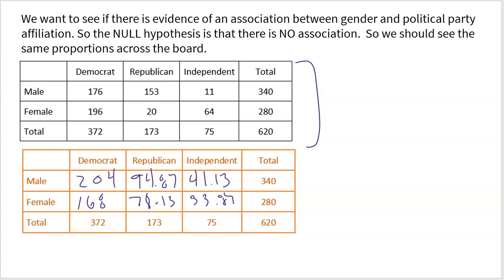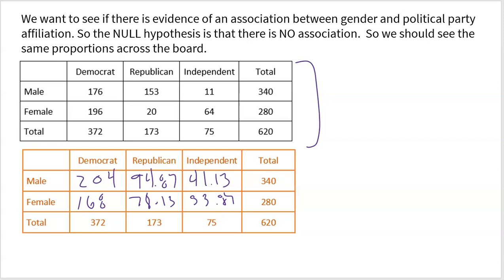So you start to get the sense of, wow, these numbers aren't just a little bit off, they're a lot off, especially with independent. And then you start to wonder, well, maybe females are more likely to be Democrat. Maybe males are more likely to be Republican. And that's what's going to feed us into making our final conclusion. But we can't just do it based on thoughts and feelings. We actually have to crunch the numbers to get a p-value to make the accurate conclusion here.